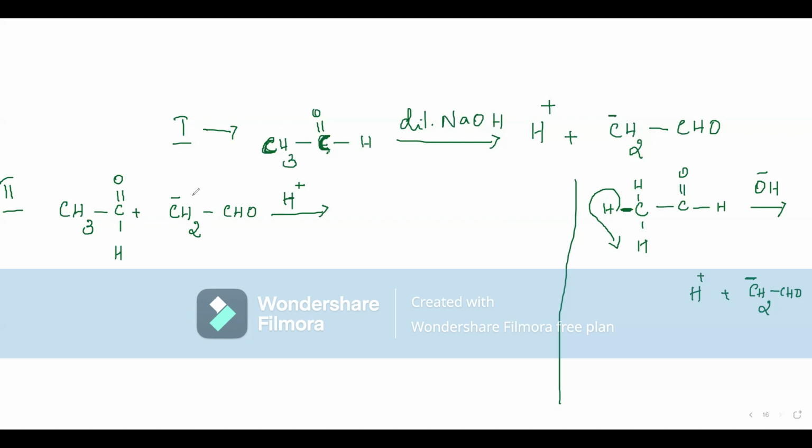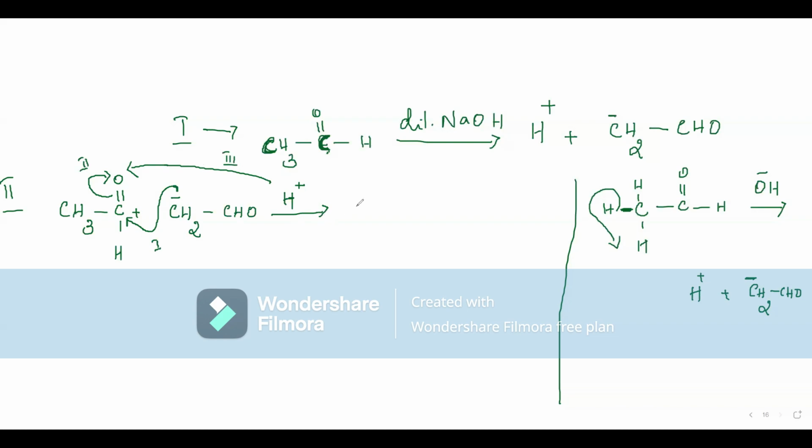Now this negative charge on CH2 will attack the carbonyl carbon, which makes the pair of electrons move towards oxygen, and then your hydrogen will move on to the same oxygen.